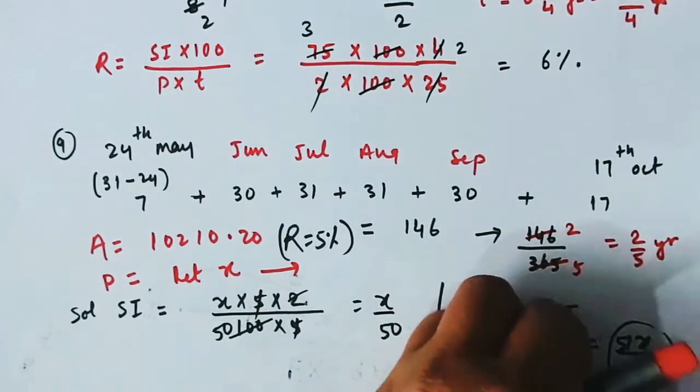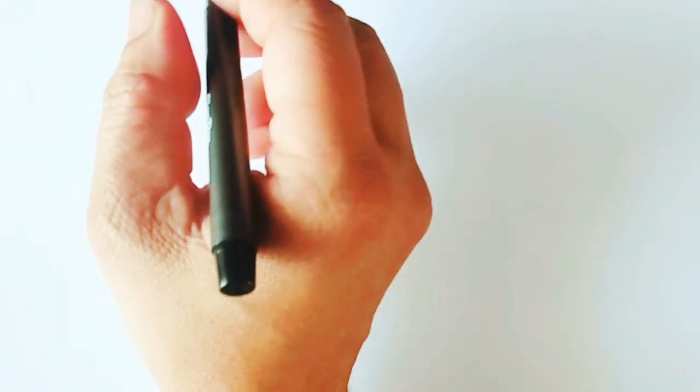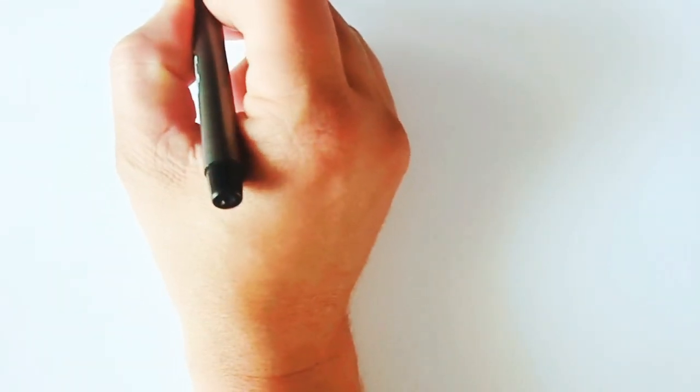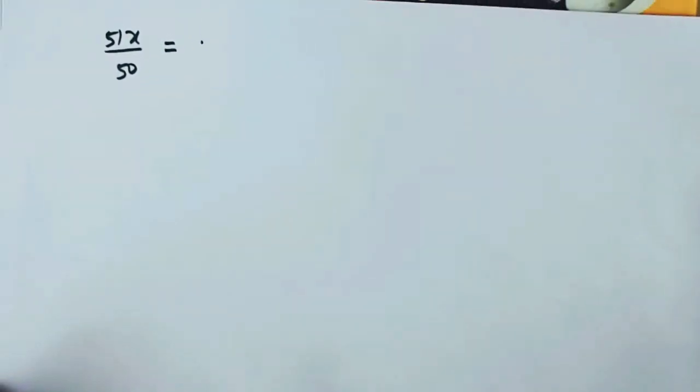So come on, why not change the sheet? Okay, so this 51x by 50 is equal to your amount, which is given as... One minute. Let me see, I think this is not in proper order. Okay, 51x by 50 is equal to how much?